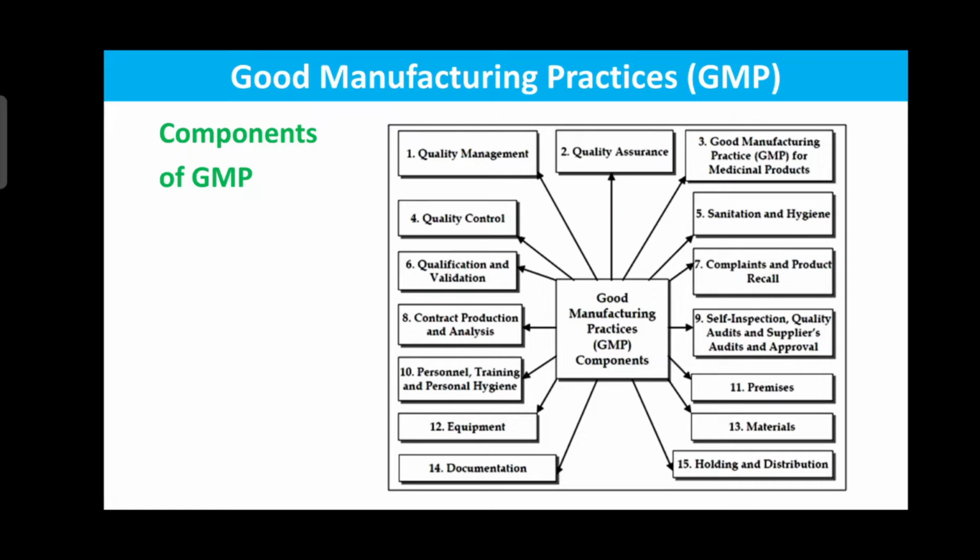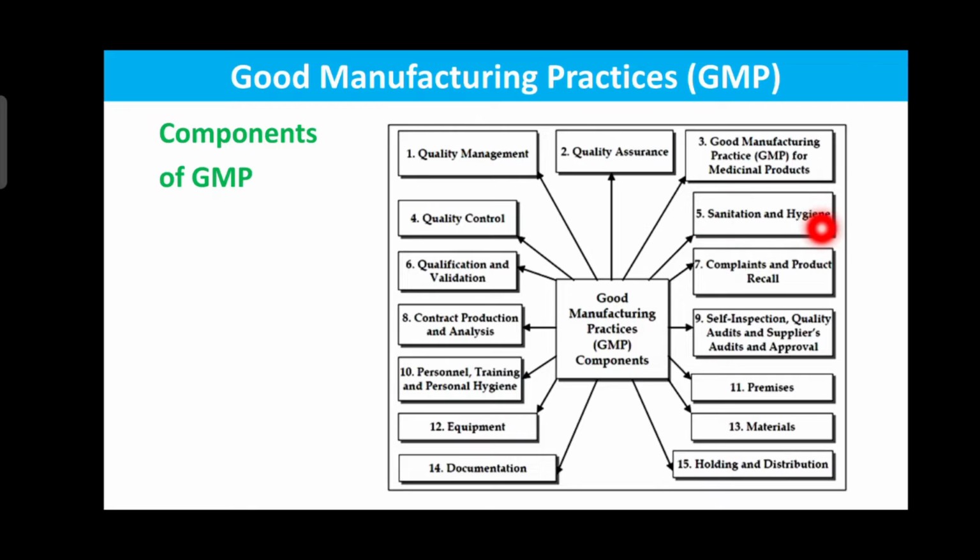That means there are various chapters or guidelines regarding various aspects of manufacturing. So this is in a nutshell the components of GMP, like for instance quality management, quality assurance, GMP, then sanitation and hygiene. That is cleaning of the premises, and hygiene, that is of the personnel themselves. Those who are there in the production department have to keep themselves clean first of all.